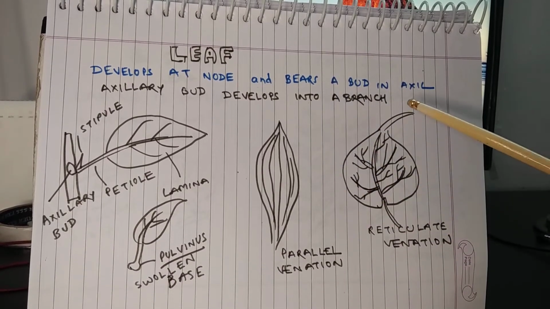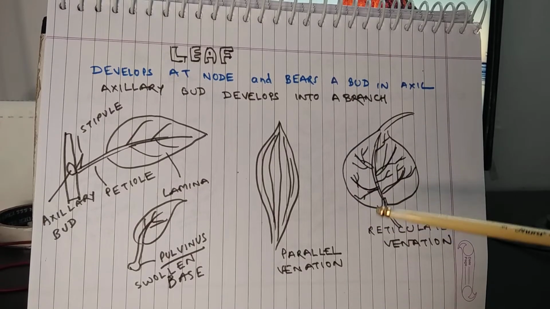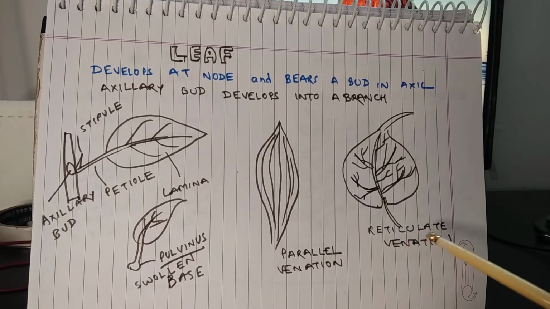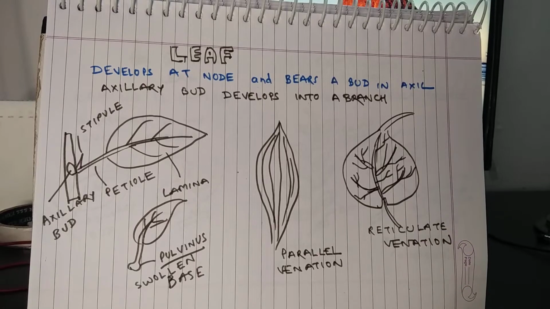Now, let us try to understand about venation. The arrangement of veins in a leaf is called venation, and there are two types of venation. One is called parallel venation and another is called reticulate venation.